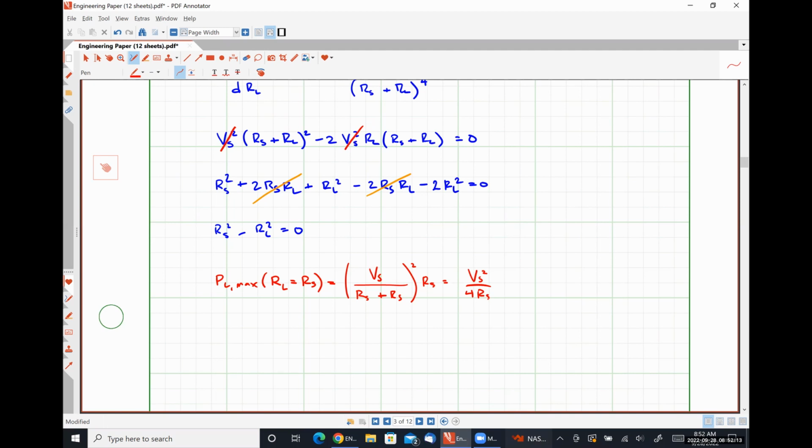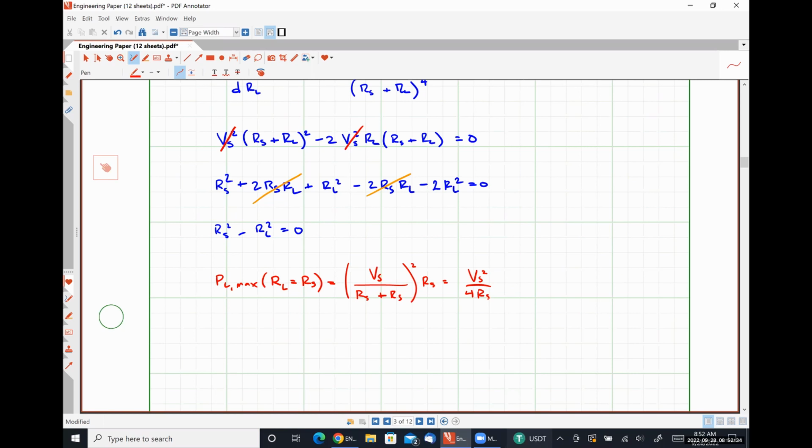What do you think would happen if we had a current source? Practical current source in particular. Since a practical current source is electrically equivalent to a practical voltage source, we could simply substitute our relationship that Vs has to equal Is times Rs into this thing.